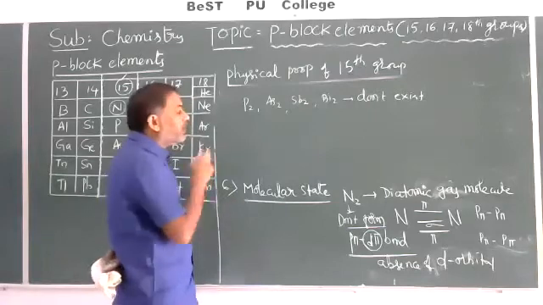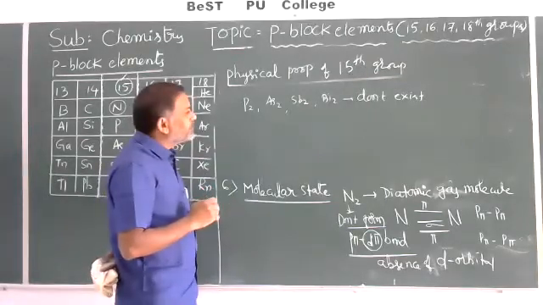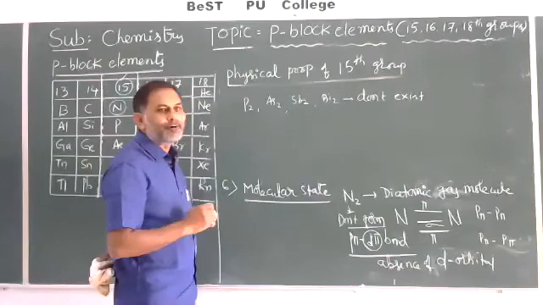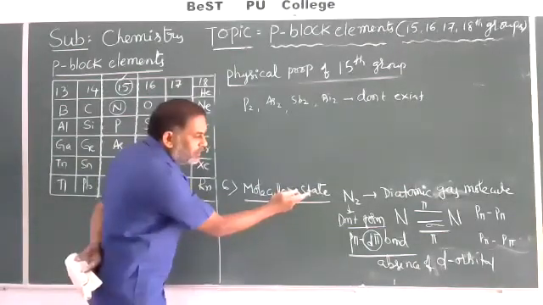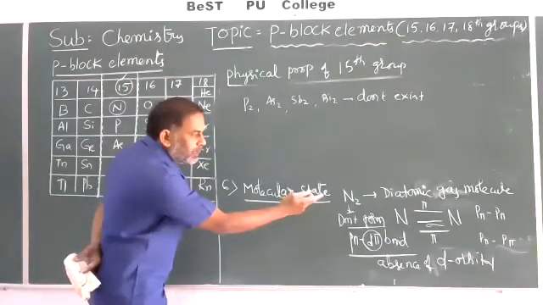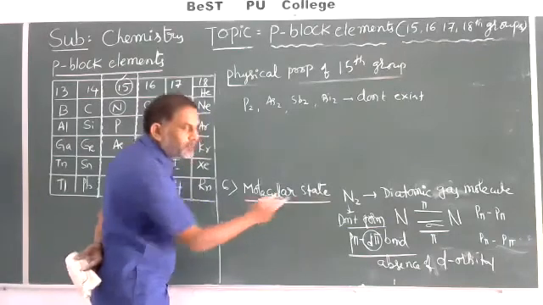Nitrogen exists as N2, so why not these? Because of small size and unavailability of d orbital, nitrogen readily forms a diatomic molecule with a triple bond, p-pi bonds.